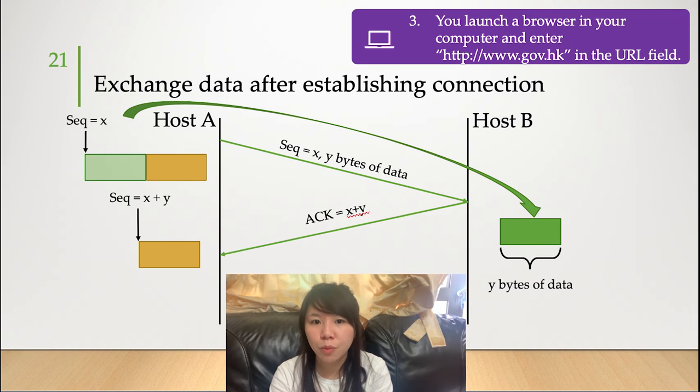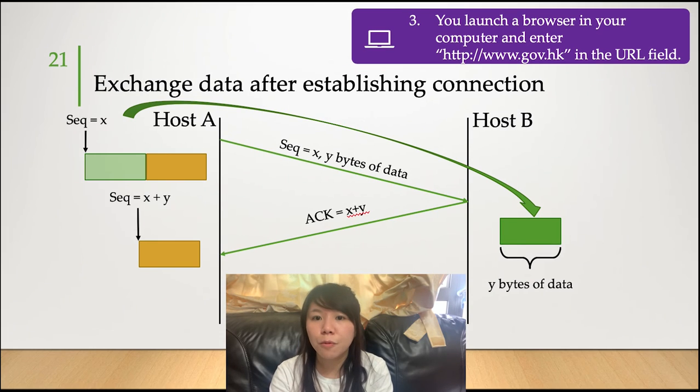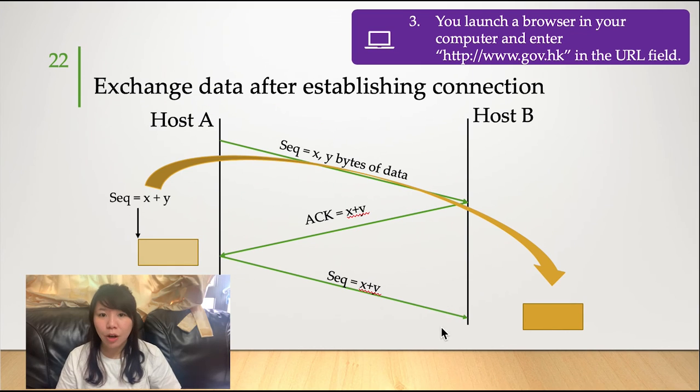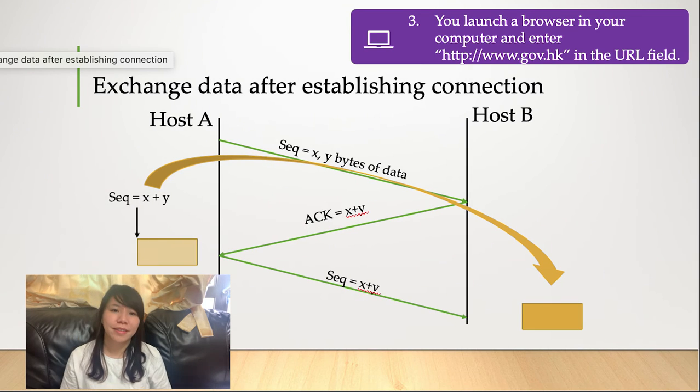When host B receives the segment, it will acknowledge by sending the sequence number of the next byte expected from the other side, which is X plus Y. Finally, host A will send the remaining data with sequence number of X plus Y.